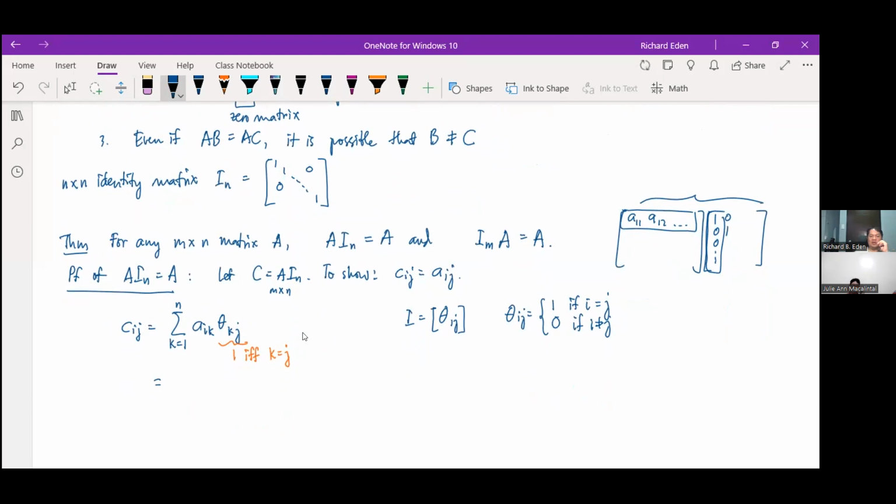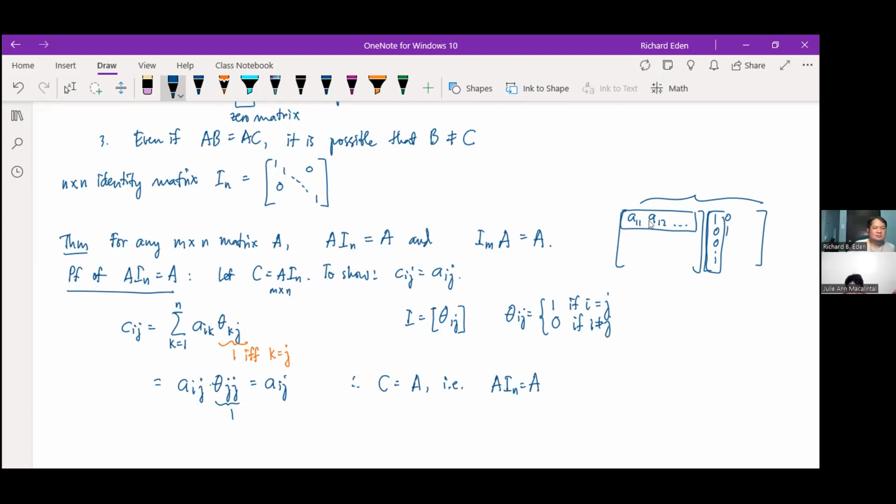So we end up with a sub ij, and then theta sub jj, which is 1, and everything else is going to be 0. A sub ij times 1. Therefore, the matrix C is equal to A. Or in other words, A I sub n is indeed equal to the matrix A.